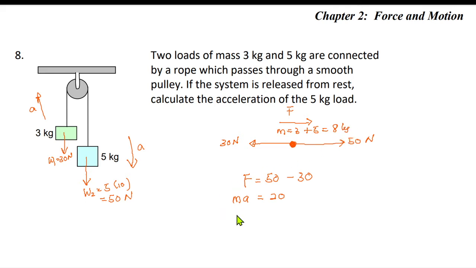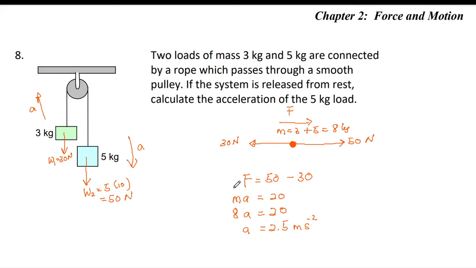Okay, so M is 8 multiplied by A, our acceleration, equals 20. So A, just plug it into your calculator. You should be able to get 2.5 meter per second square. Okay, that's how we solve this problem.